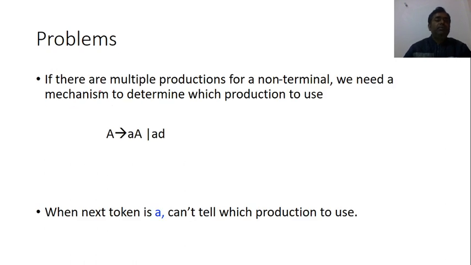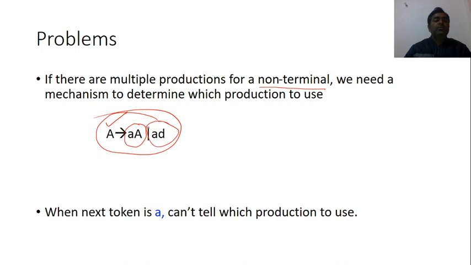Problems. If there are multiple productions for a non-terminal, we need a mechanism to determine which production to use. Here I have taken an example with multiple productions for a non-terminal: A derives to small a capital A, or small a D. If I have called A, either I have to use aA or aD.